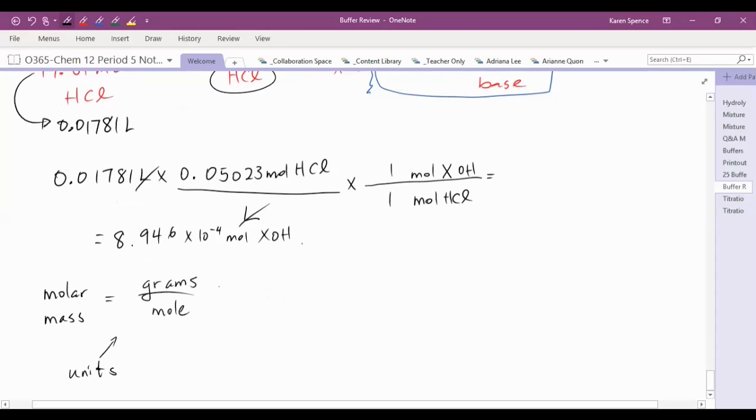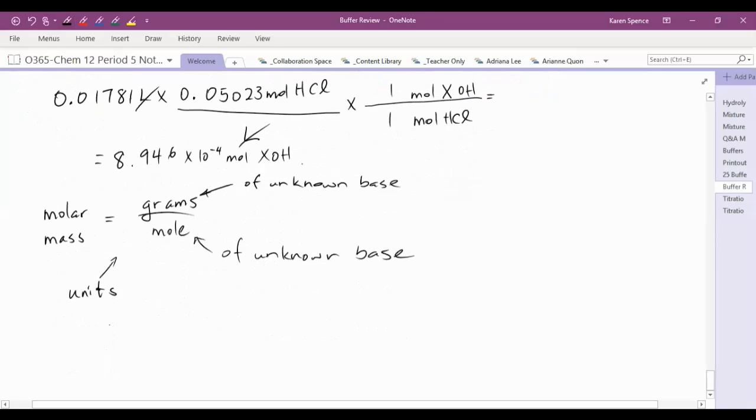If you know the grams and the moles of the unknown base, you can divide the two and you will get the molar mass.